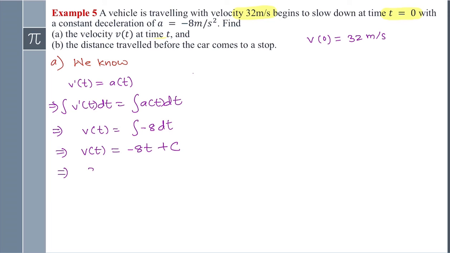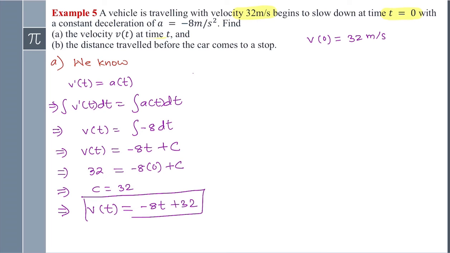So the velocity is 32 when time is 0, plus c, which gives us c equals 32. This implies v of t, the velocity function, is negative 8t plus 32. So this is the velocity function, or the velocity at time t. Okay, we got that velocity function.